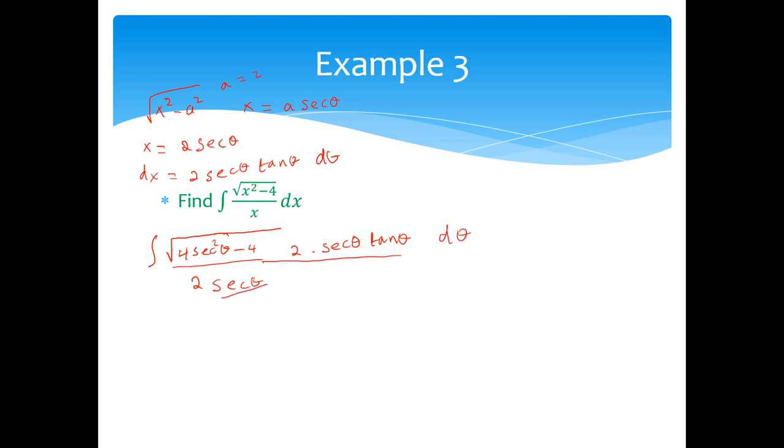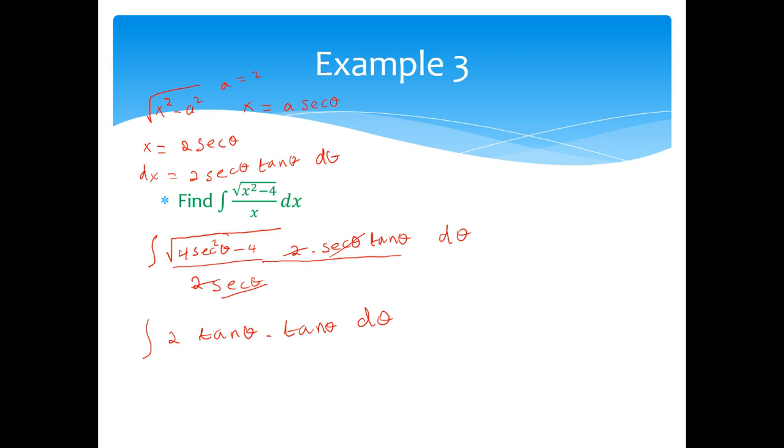So the secant and the secant cancel out, the 2 cancels out, and this one here gives me 2 outside, so that would be secant theta minus 1, that would be equal to tangent theta times tangent theta. That would be equal to tangent squared.